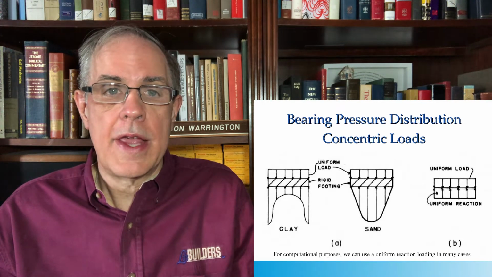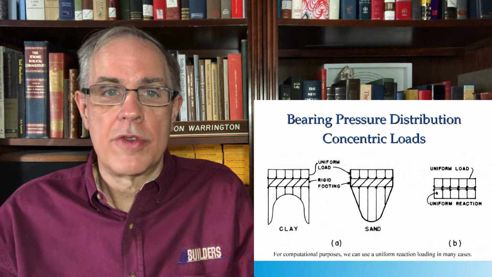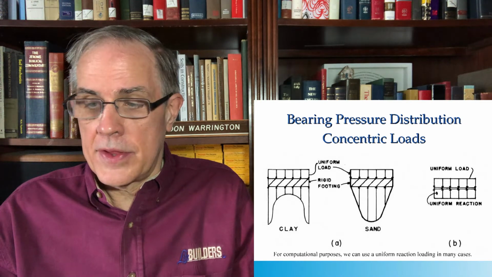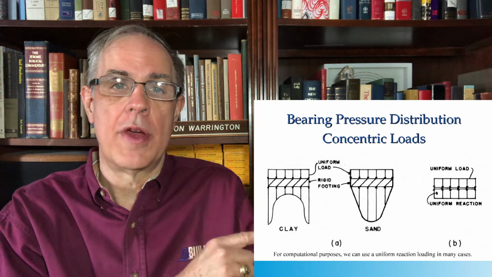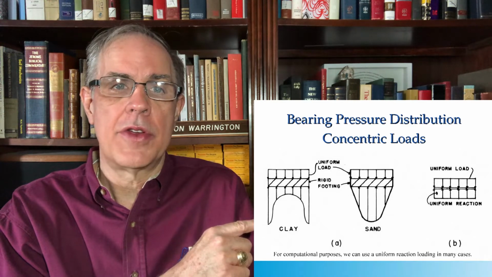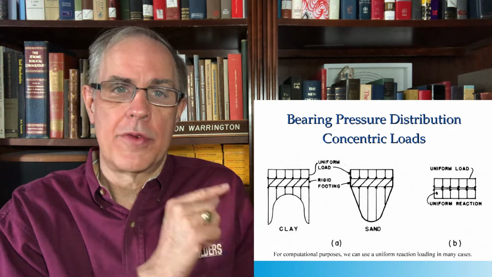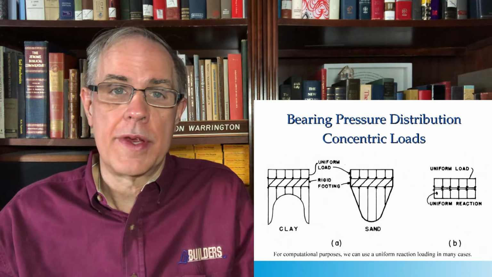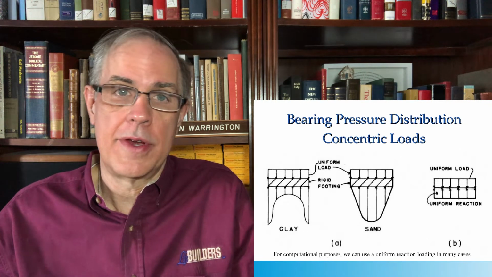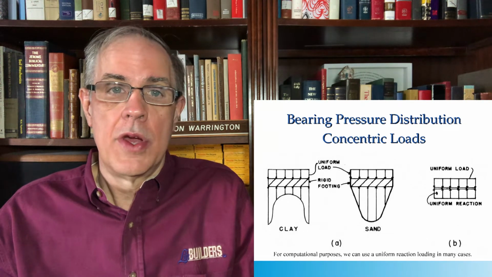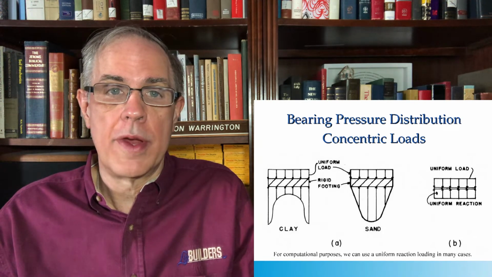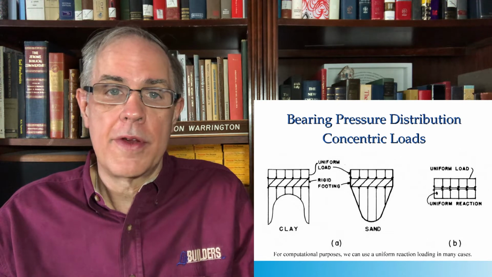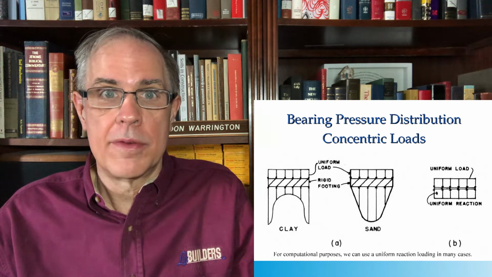However, in the case of a very flexible foundation, a uniform load, and these cases here are uniform loads, which implies either a uniform load or, in the case of a rigid foundation, a concentric load, will give the same thing. I want to talk about concentric and eccentricity in a little bit. Whereas with a uniform load, it transmits it perfectly to the soil and you get a uniform reaction.